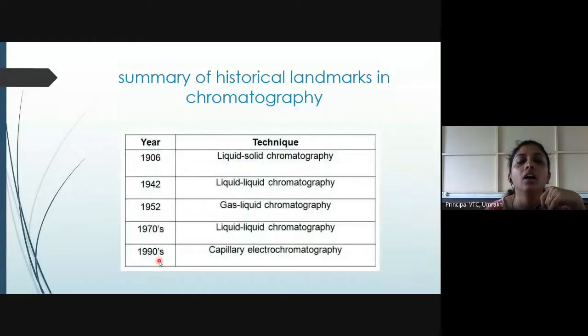We can summarize these landmarks in chromatography through this table: in 1906 liquid solid chromatography, 1942 liquid partition chromatography, 1952 gas liquid chromatography, the 1970s HPLC and later UPLC, and in the 1990s capillary electrochromatography came into existence.